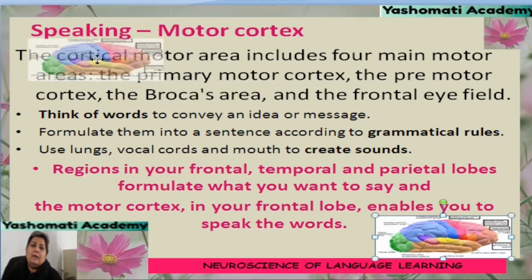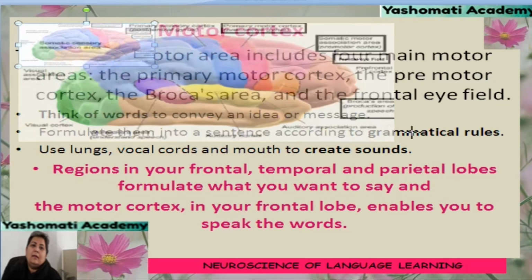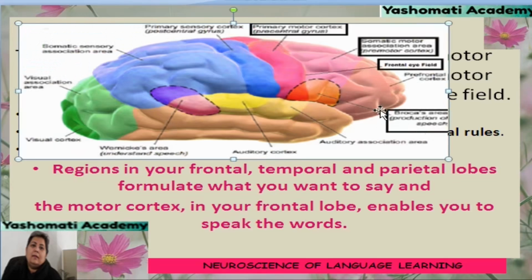Let us try to revise where these areas of the brain are present. This part of the brain which is lying in the front is called the frontal area, and the area which is lying behind the ear is the temporal area.